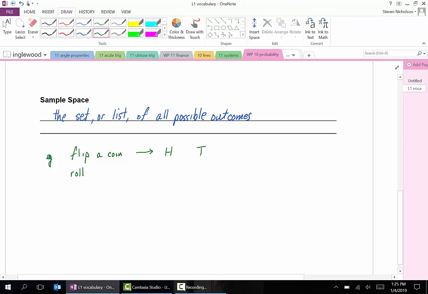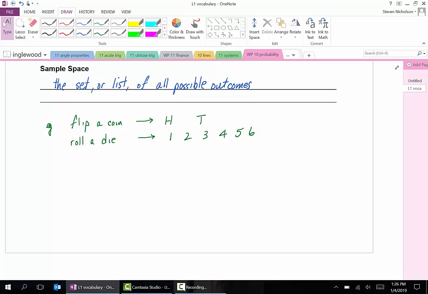Well, what happens if you roll a regular die? Well, the sample space is you can get a 1, 2, 3, 4, 5, or 6. So again, there's 6 possible outcomes, and they match the sample space in this case. One last example of sample space when they don't: you roll a pair of dice.